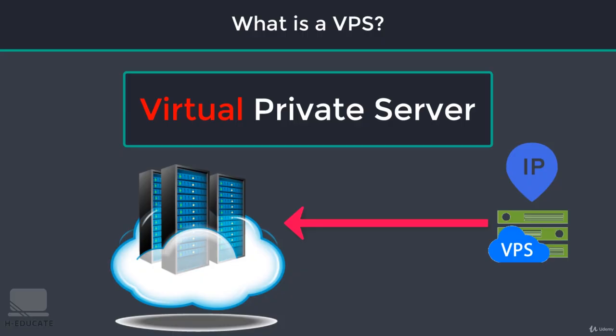It's your own virtual private server where you can do whatever you want inside it. Very nice. Later on in the next part, I will show you how you can get and create a VPS of your own and how to map the IP address and other stuff.